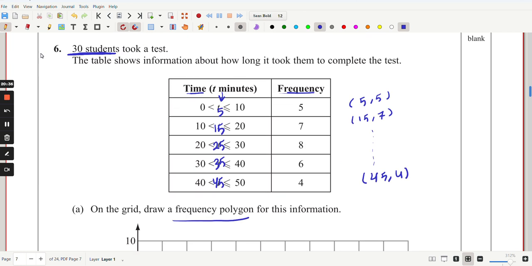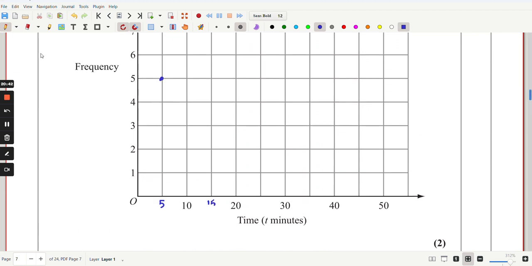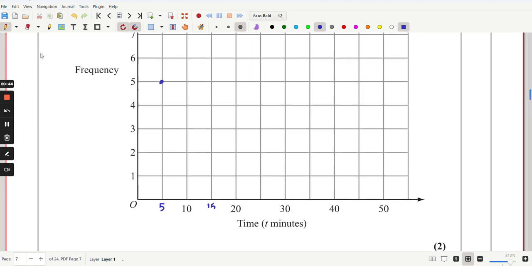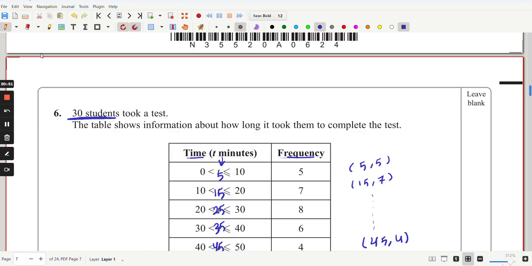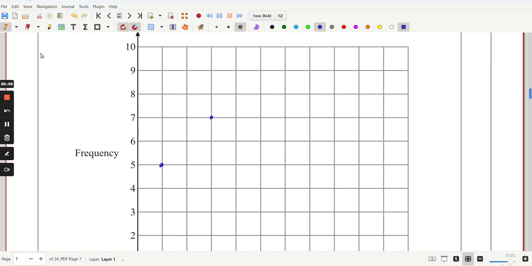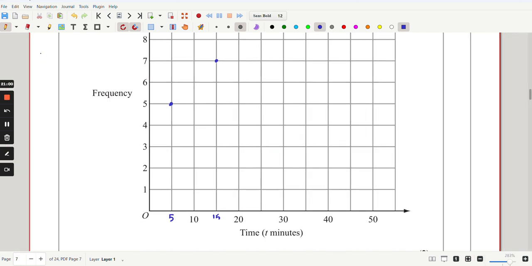Second point is 15 and 7: 15 across is here, and 7 is up, and they will meet at this point. Then the point 25 and 8: this is 25 here, and 8 up, they will meet at this point.